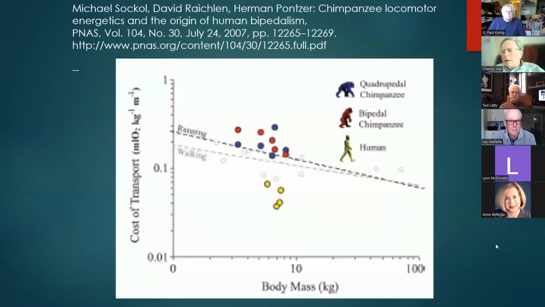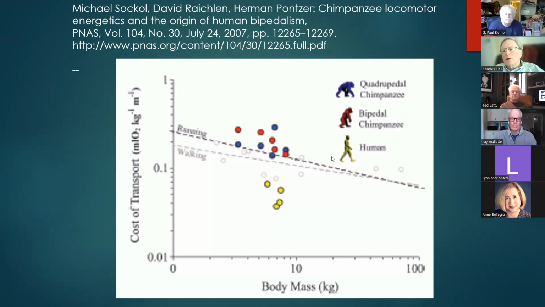Okay, now I'm going to tell you a little bit about humans. If you look at the size of an organism, we're roughly the same size as chimps, which are red, and chimpanzees can be bigger than us or the same weight. And this is the cost of moving.